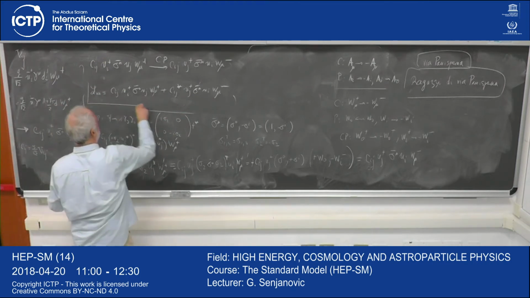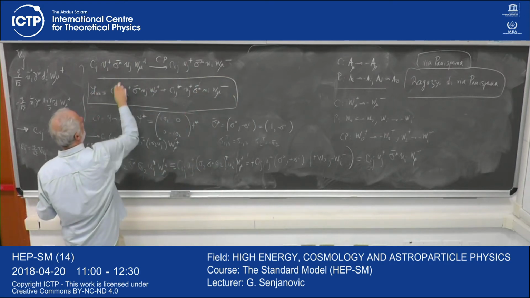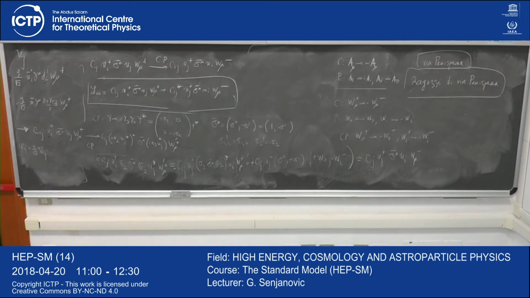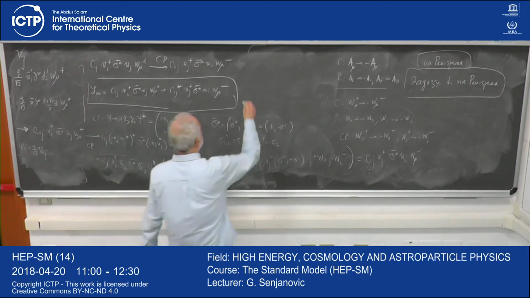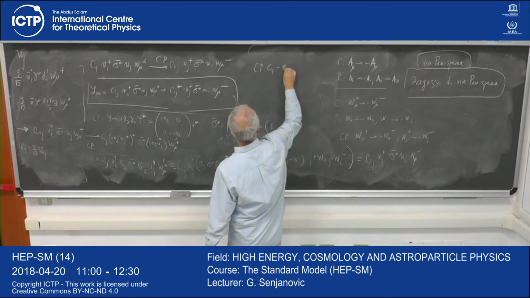So this is the weak Lagrangian, and I just found out that the first term goes into the same coefficient Cij. So CP conservation means real couplings. CP implies Cij is Cij star.